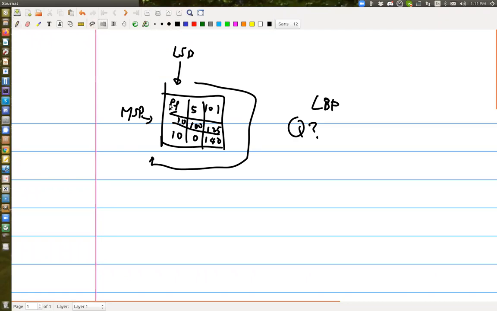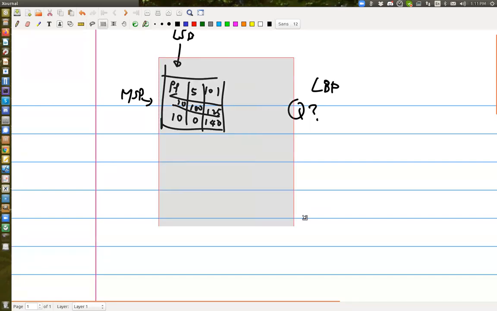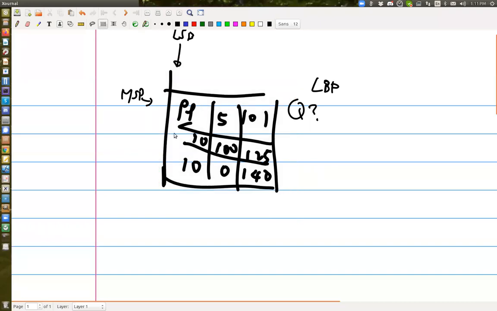Maybe I can copy that and zoom in. Yeah, that is better.